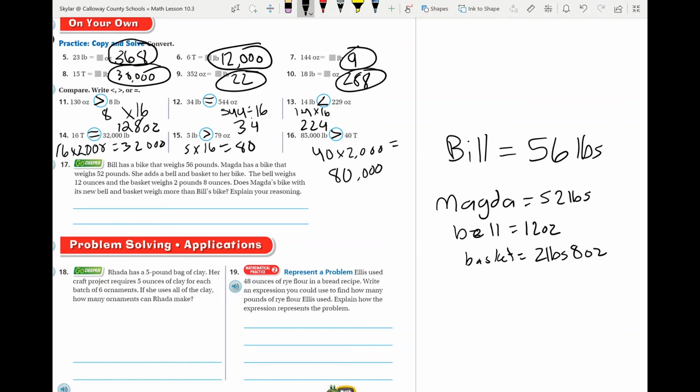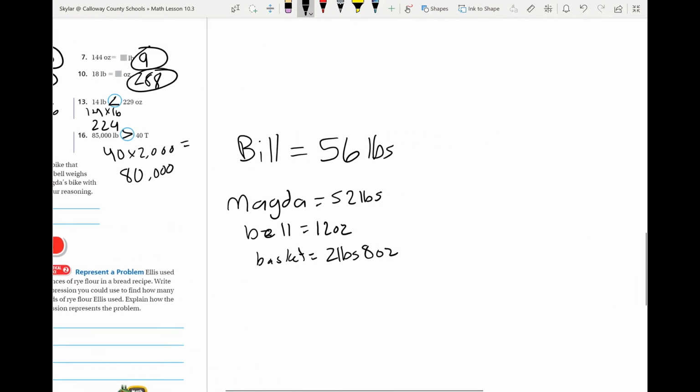Remember, if you're going to add these units, you have to convert them all to the same thing. What I would always suggest is taking your bigger units and making them smaller. So I would suggest converting all of these to ounces to see whose weighs more. And I'll give you a hint for the basket. Since you have 2 pounds and 8 ounces, just convert that 2 pounds, and then you can add it to the 8 ounces.